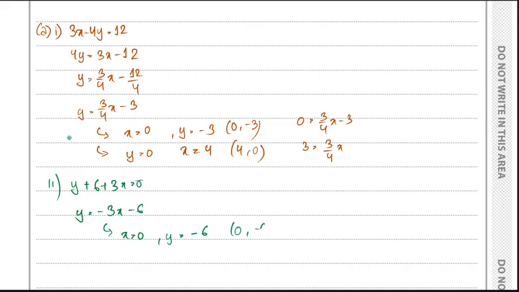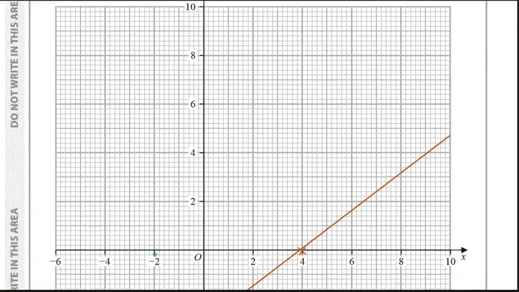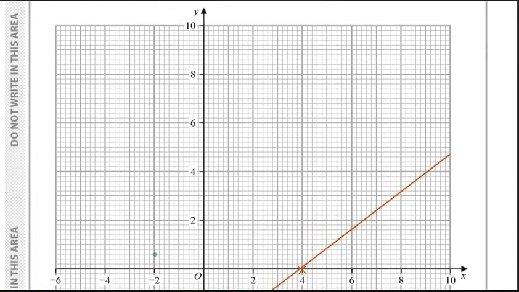So this is 0 comma minus 6, and when y equals 0, then 0 equals minus 3x minus 6. So 3x equals minus 6, and x equals minus 2. So the coordinates are minus 2 comma 0. So 0 comma minus 6 and minus 2 comma 0.